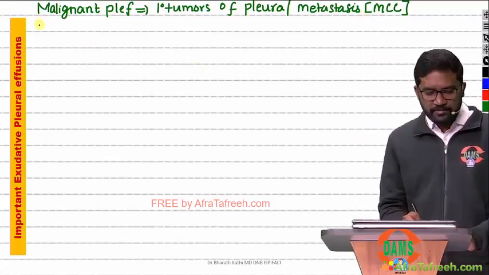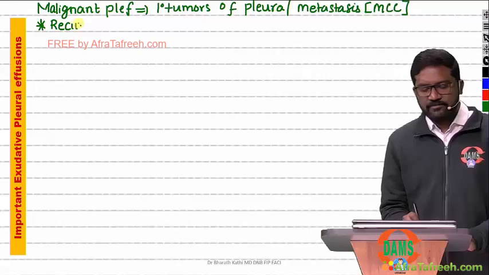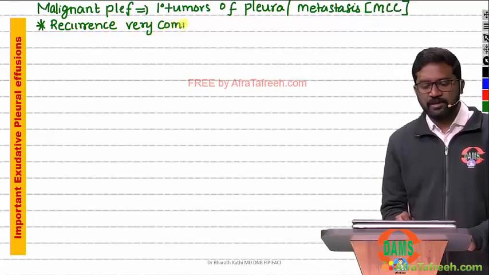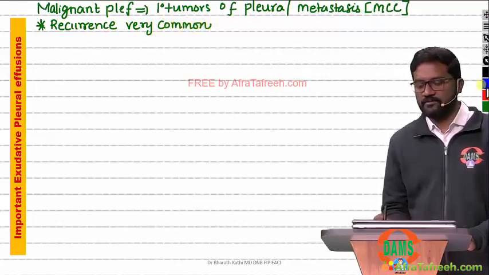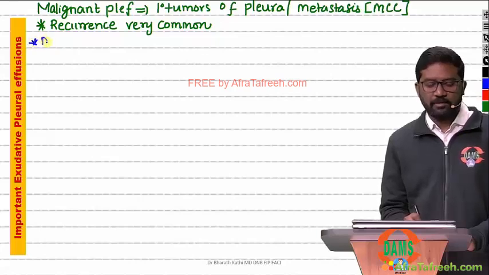Now coming to the biggest problem in malignant pleural effusion is recurrence, very common. Even if you put a needle and aspirate today, within few days the fluid will accumulate. Then what will be your usual management?